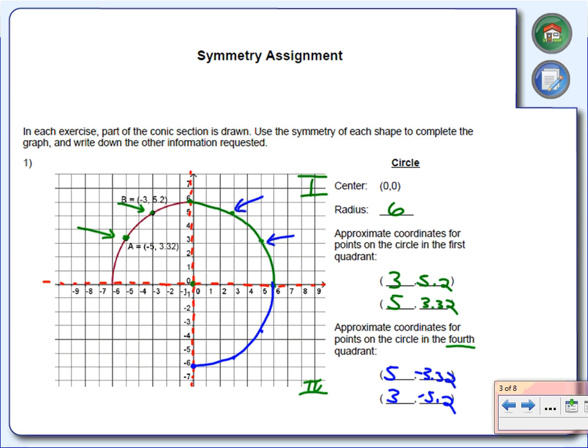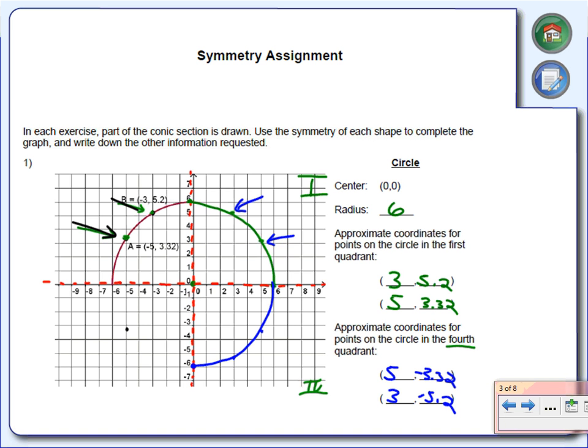Get that circle. And all I've got to do now is finish up the third quadrant. Anybody want to tell me what some points that we might have in that quadrant there? What would be the one directly across from negative 5, positive 3.32? What's the point that corresponds to that? Negative 5. There it is, negative 5, negative 3.32.